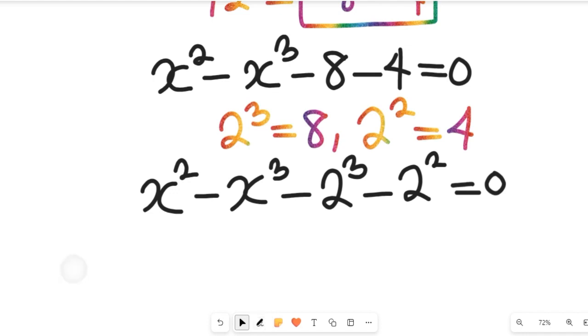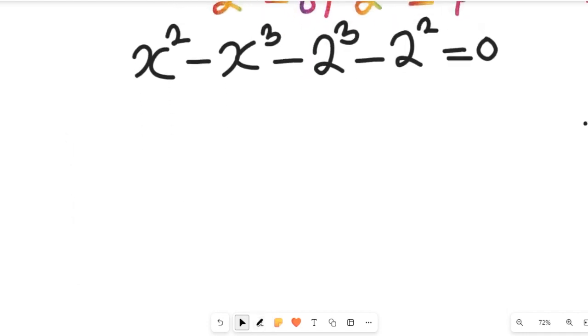Great. Now, having gotten this, you see that these expressions are not properly arranged. And if we properly arrange this expression, we are going to find out that the first term, which is the highest degree, is going to be minus x to the power of 3, and it is negative. So we need to change that to positive.